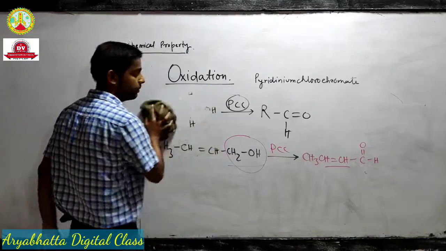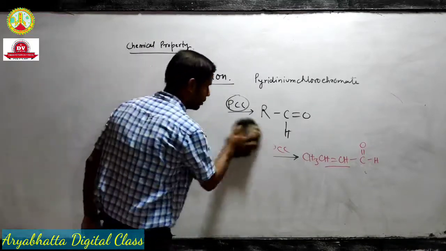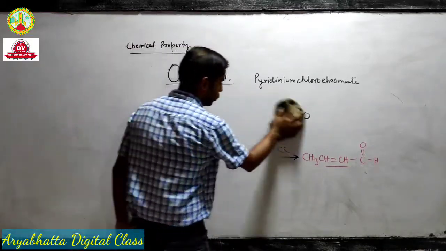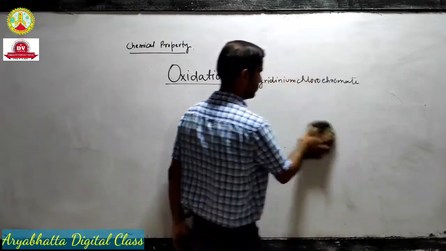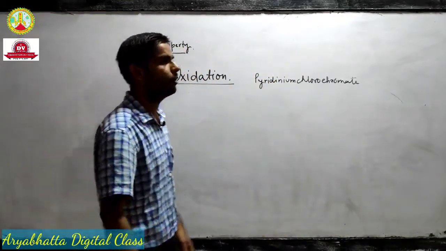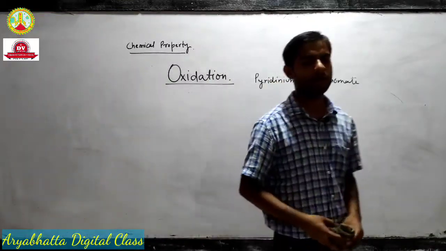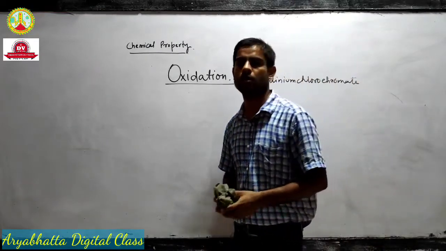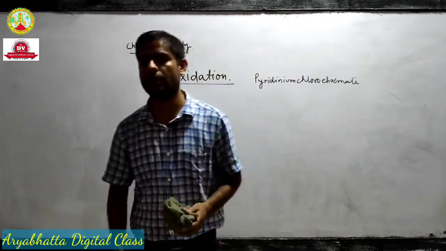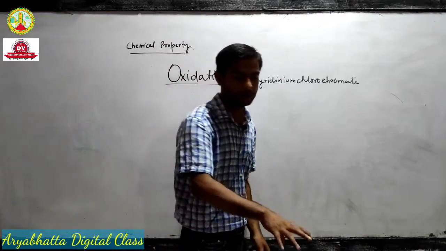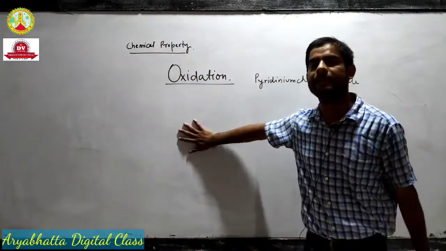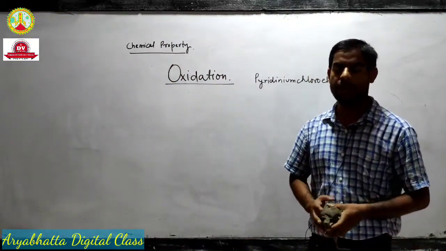This is organic chemistry. You have to practice a lot. Don't think that the reactions involved in class 11 are useless, or will not appear in your examination, because the oxidation of alkene produces alcohol.